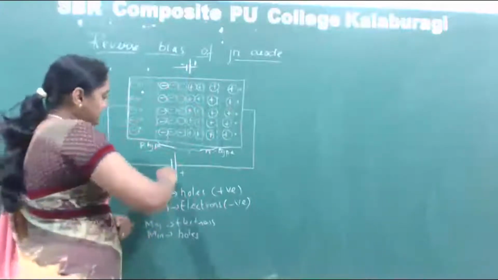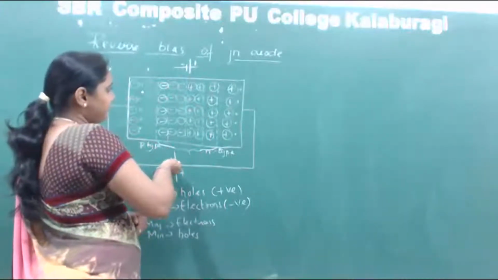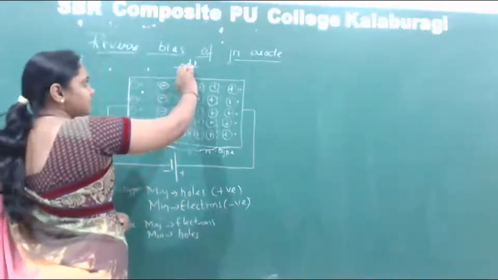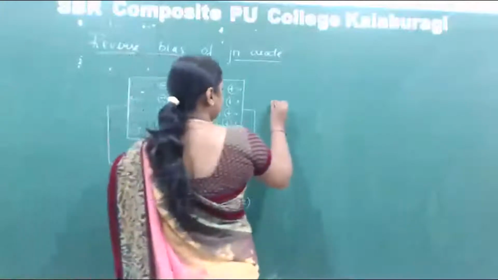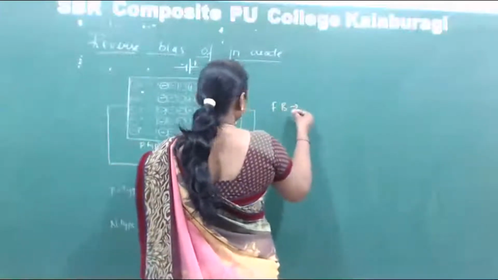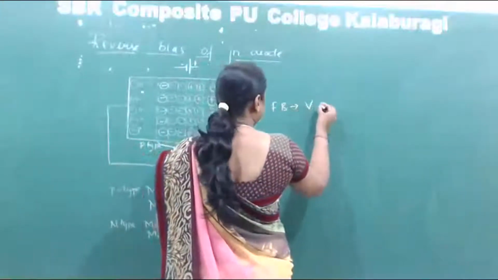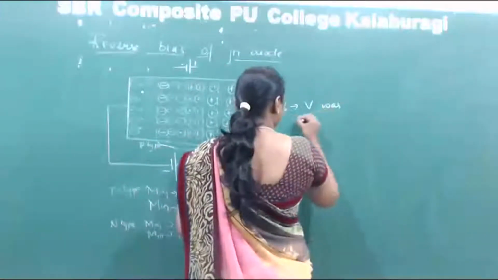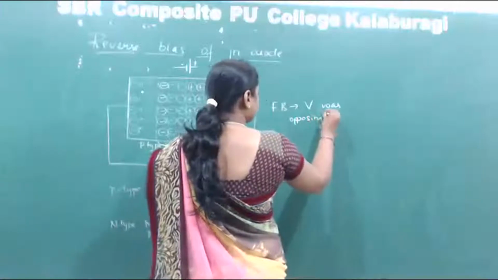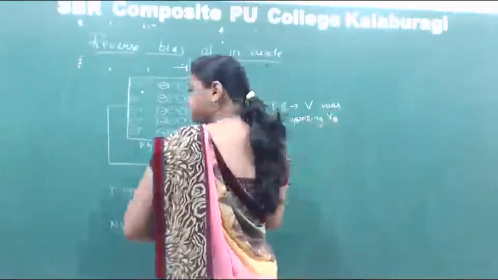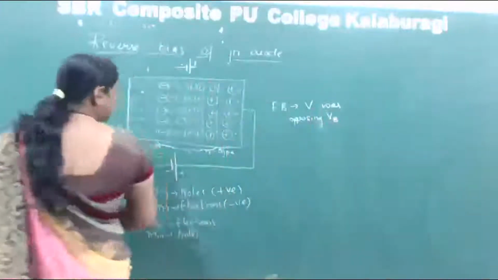Under the forward bias condition, the applied voltage V was opposing the barrier potential VB.